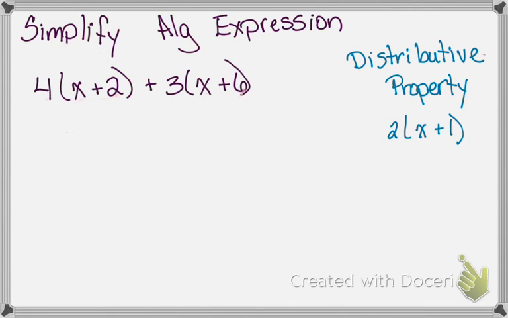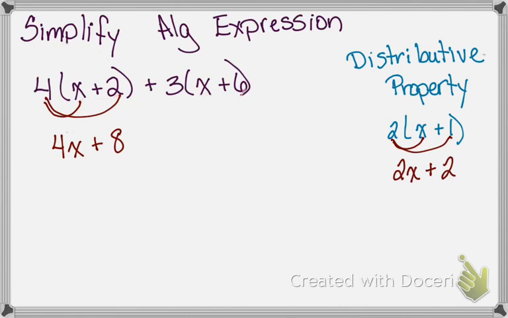So I'm going to say 2 times x is 2x. 2 times 1 is 2. Okay? So we are going to do this twice. So I have 4 times x is 4x. 4 times 2 is 8.